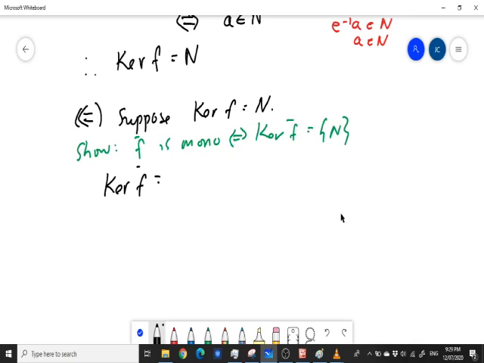So suppose kernel of f equals n, then by previous result, kernel of f bar is kernel of f mod n. But since kernel of f is equal to n, then it will just be equal to n mod n, which is just the trivial subgroup.